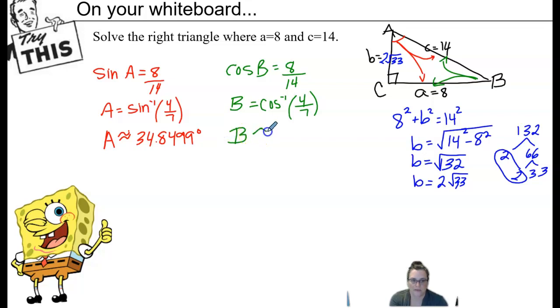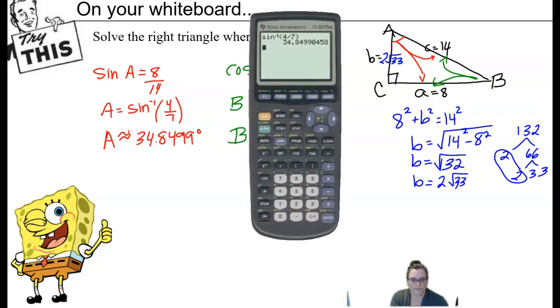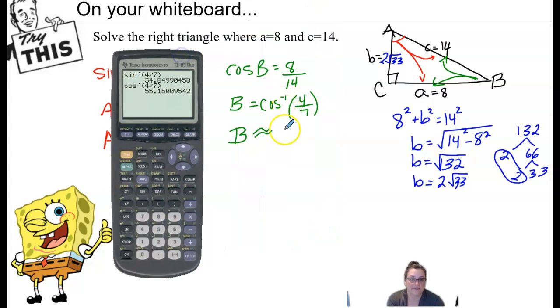And when we put that in the calculator and evaluate, arc cosine of 4/7 is 55.1501 degrees.